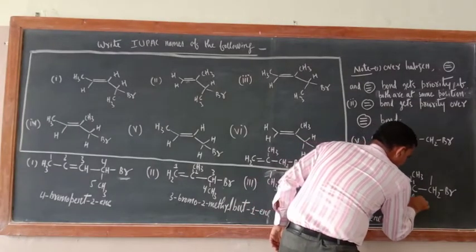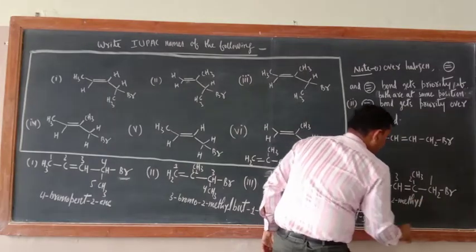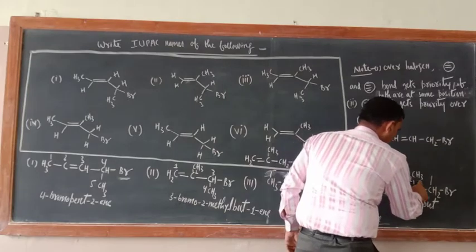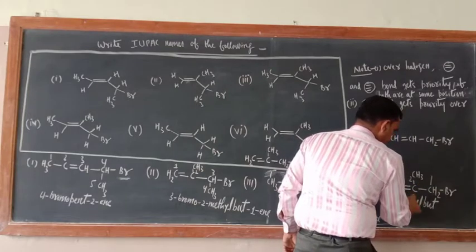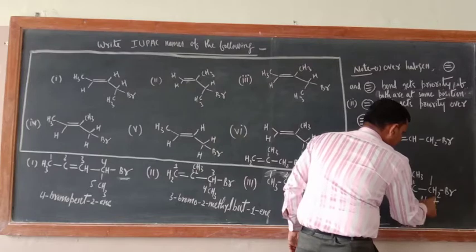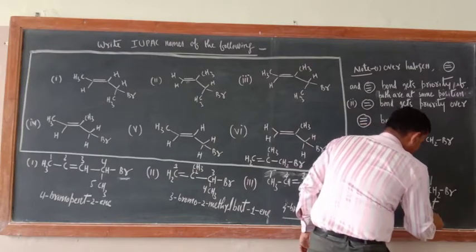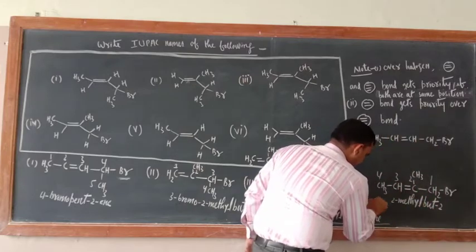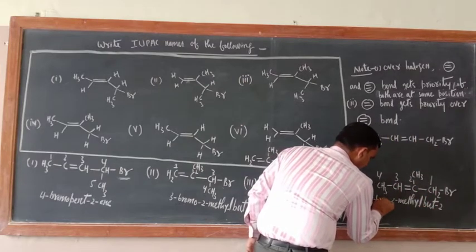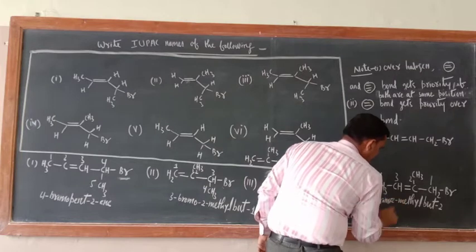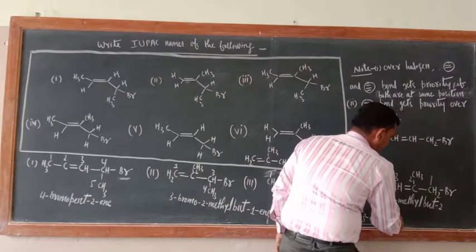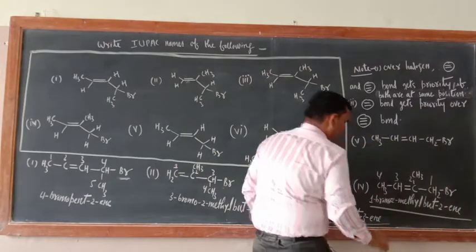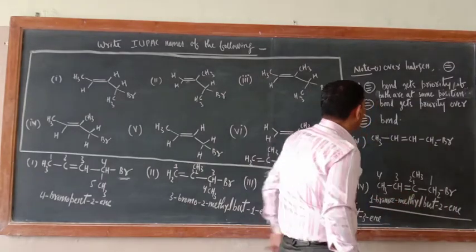So here what would be there? 2 methyl. Now here, bute, 2 methyl bute, then 1 bromo, then 2 methyl bute 2 ene, so 1 bromo 2 methyl bute 2 ene.